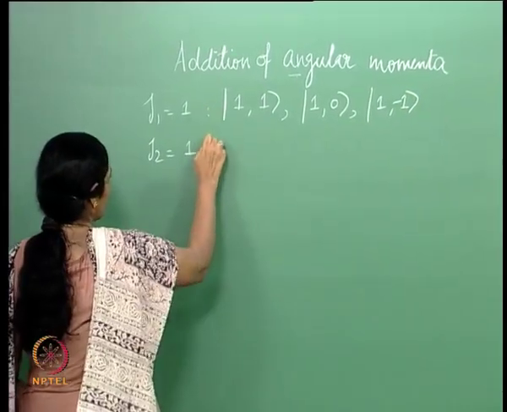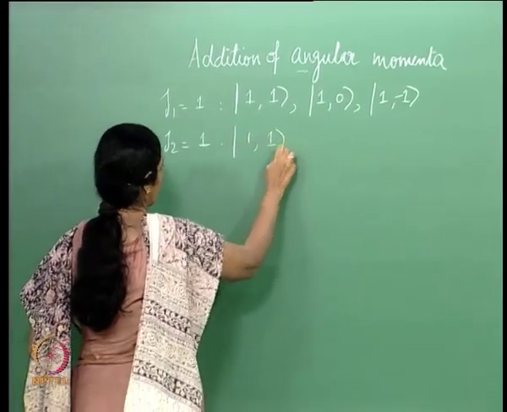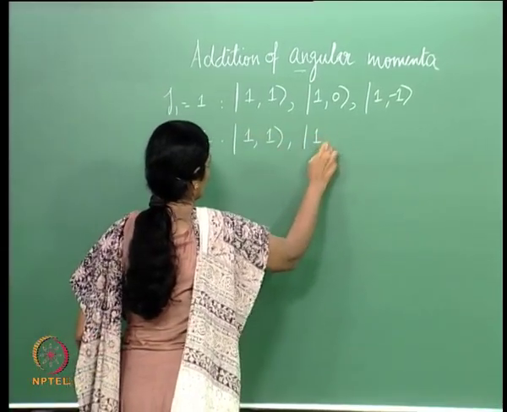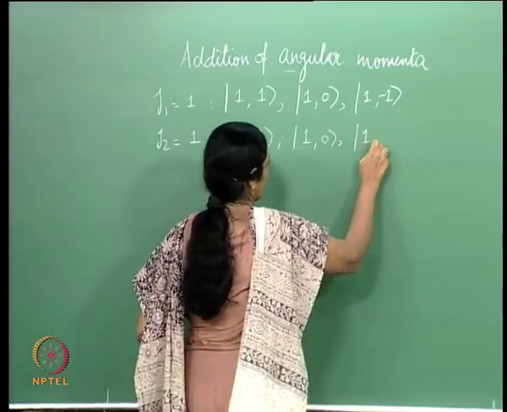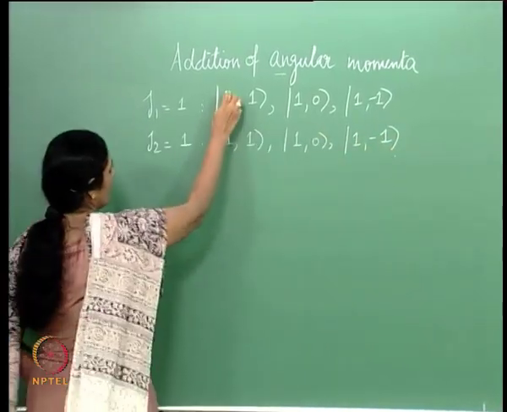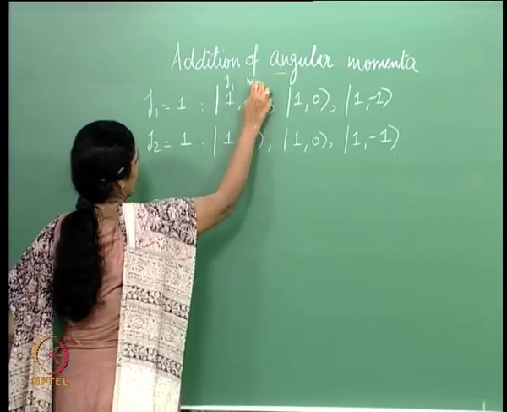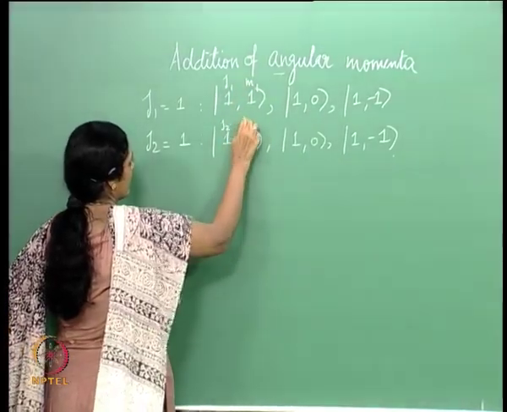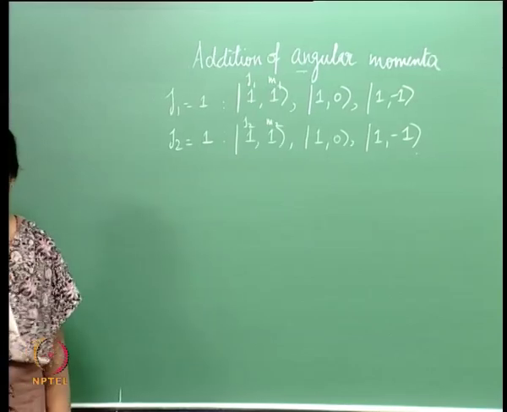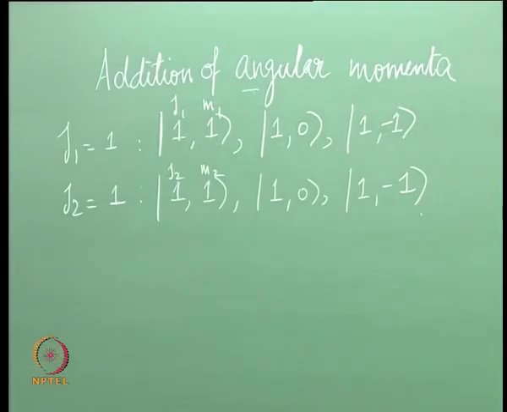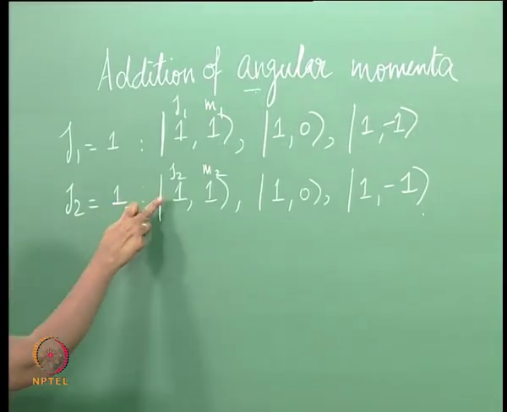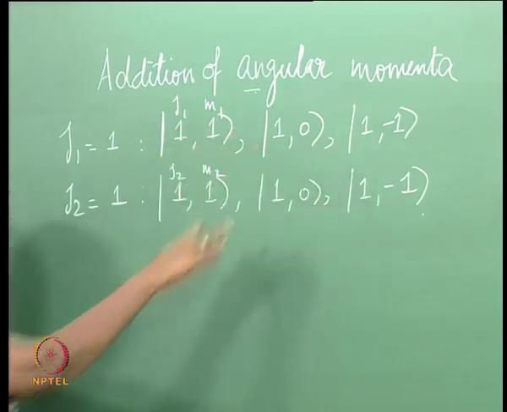Similarly, for J2 equals 1, I have the states 1 1, 1 0 and 1 minus 1, where the first index is J1 and the second is M1 here. The first index is J2 and the second is M2 there. M2 takes values minus J2 to plus J2 in steps of 1, similarly M1.